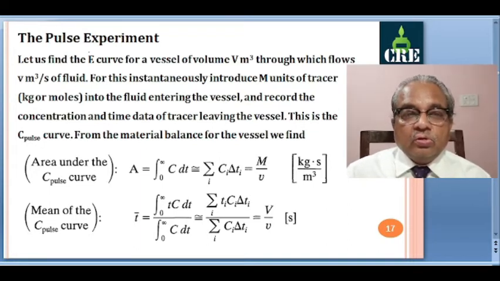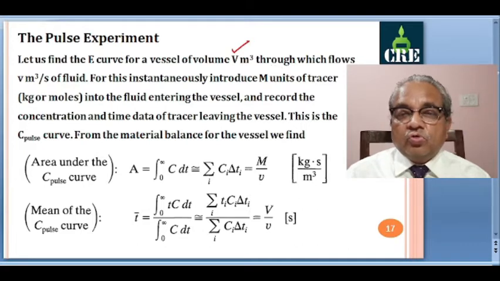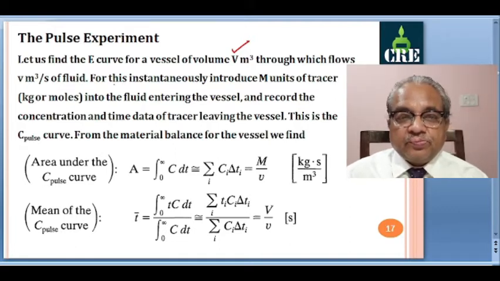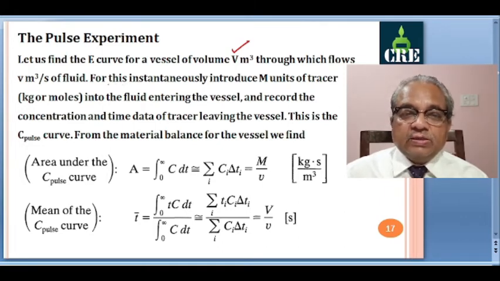So if you want to find the E curve for a vessel of volume V in meter cube, through which the fluid is flowing with small v volumetric flow rate in meter cube per second, then V by small v is a time. It can be the mean residence time or residence time.